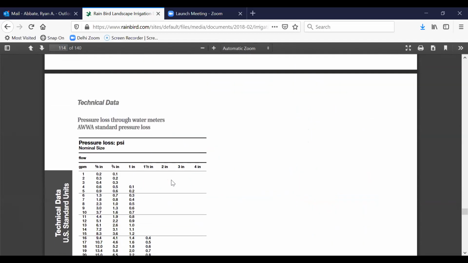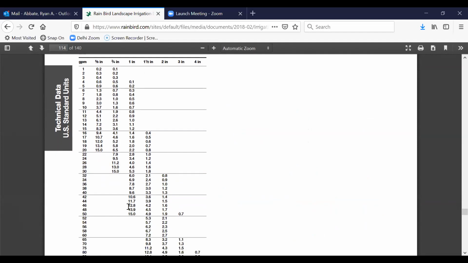There we go. So, pressure loss through our meters. Right here is our 1-inch meter. We don't want to exceed 8, so we have to be at 7.8, because that's the one closest before we exceed 8; the next one over jumps to 8.7. So at 7.8, we should have 36.